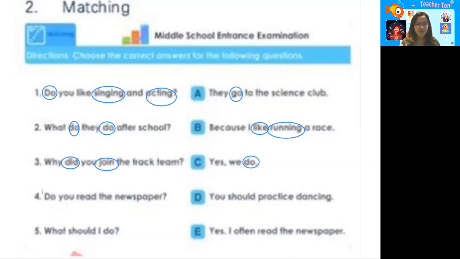Keep it up, Summer. Wonderful. You remember our be verbs and the auxiliary verb. That is wonderful. Wow. Give me 5, Summer.